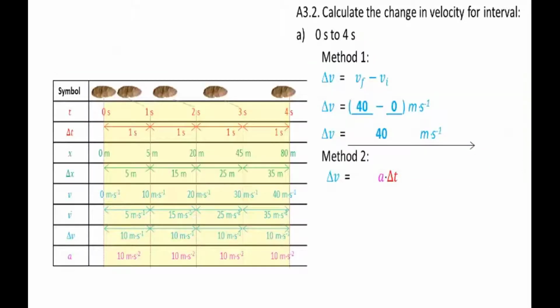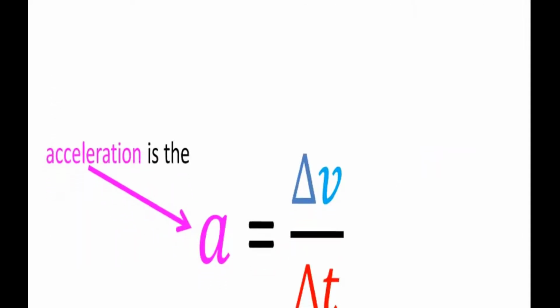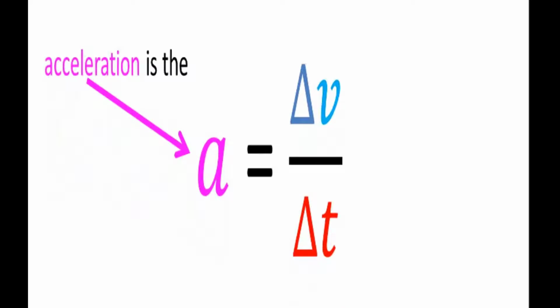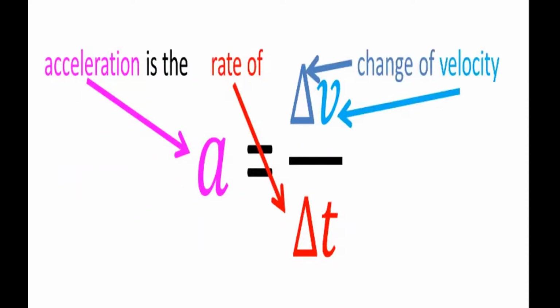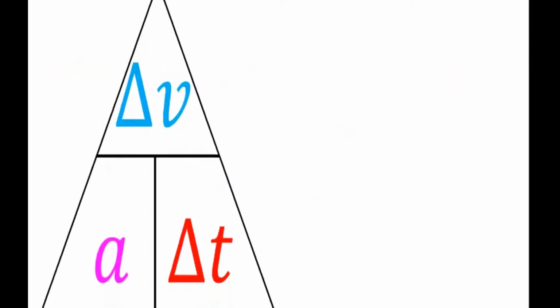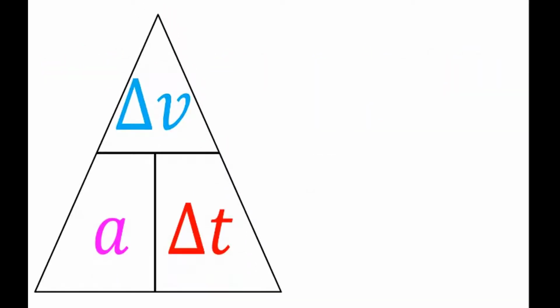Let's use method 2, delta v is equal to a delta t. We know that this equation is correct from a rearrangement of the definition of acceleration. Acceleration is the rate of change of velocity, delta v over delta t. So we can rearrange this equation to make delta v the subject of the equation. Delta v is equal to acceleration multiplied by delta t.